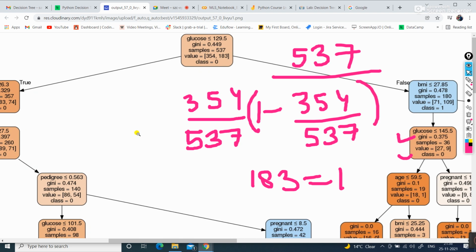Okay, and you get... So what was your answer after you do this solution?